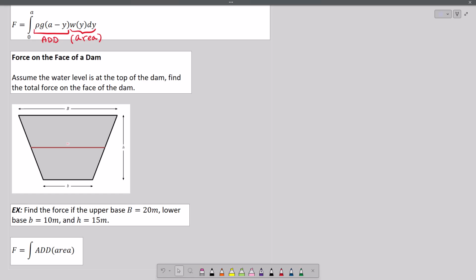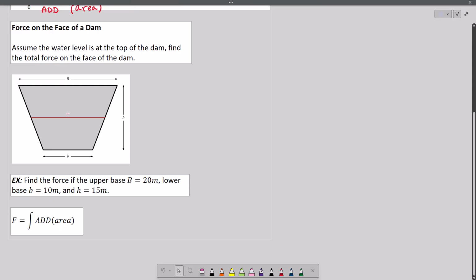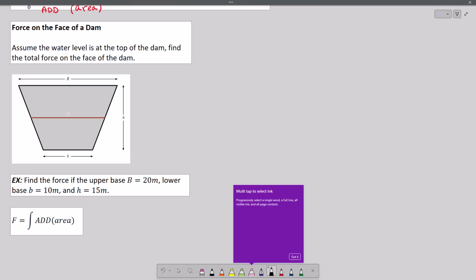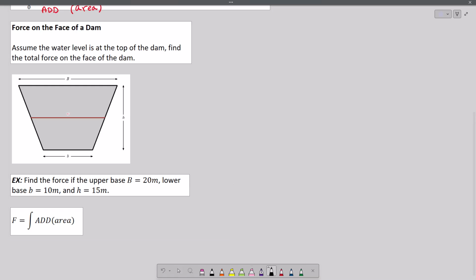So here we go. So we've got water pushing on this dam. The small base is 10, the big base is 15, and we want to know the cumulative pressure. So the first thing that we're going to do is start out with our formula, ADD area. And the area, again, is the area of that red horizontal strip.